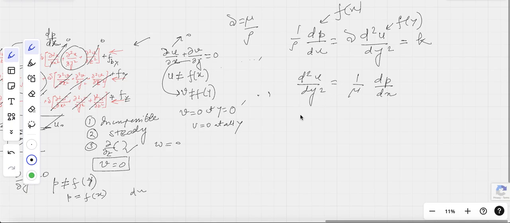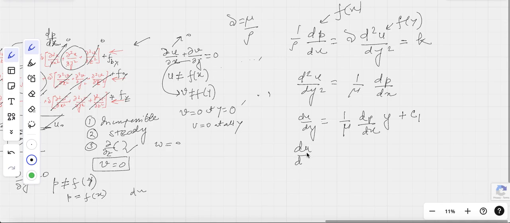Now we will integrate both sides with respect to y. We get du by dy equals 1 by mu dp by dx into y plus c1.